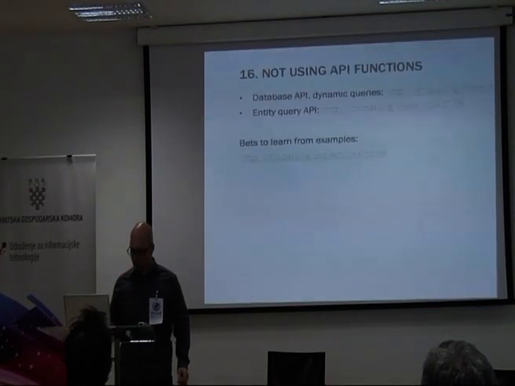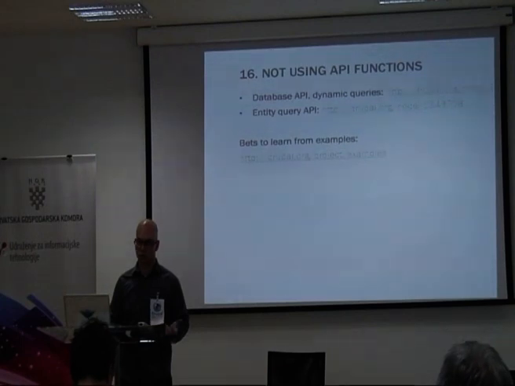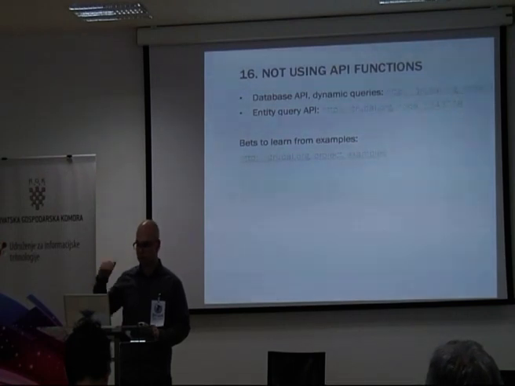Maybe here I forgot to mention there is the api.drupal.org website where you can search for a function, and it's actually very good. I use it every day. I have it in my bookmarks, so it's kind of the next thing after Google, I think.